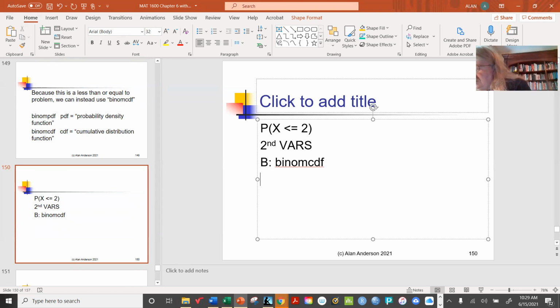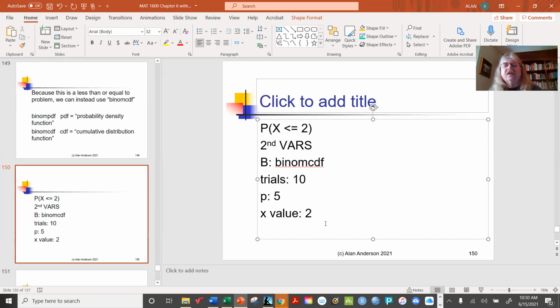And when you get there, it'll look exactly the same as what we're doing with PDF. It'll ask for the number of trials, which is 10 flips, probability of success 5. But then when it says X value, this is the tricky part. Before it meant the specific value of X, now it means this number, 2.